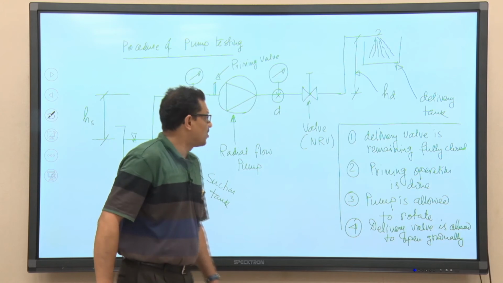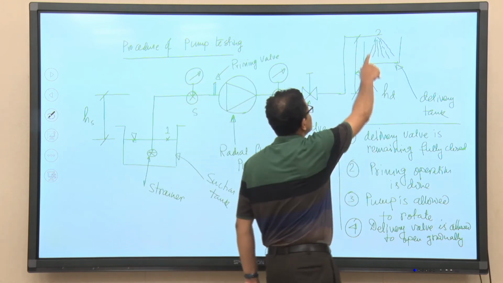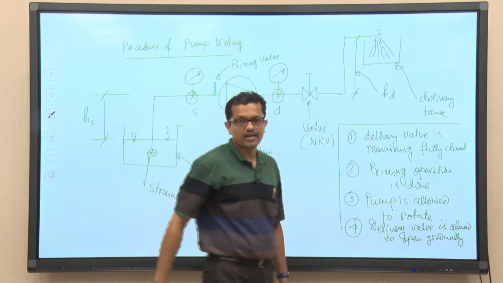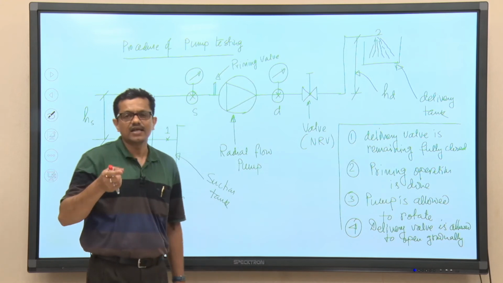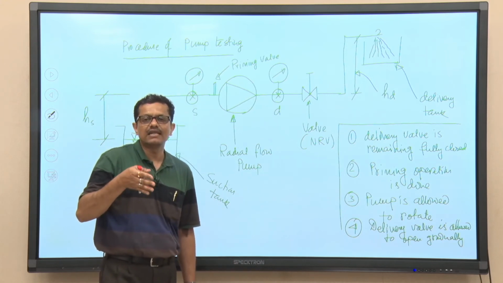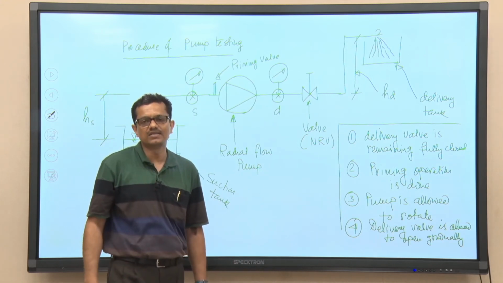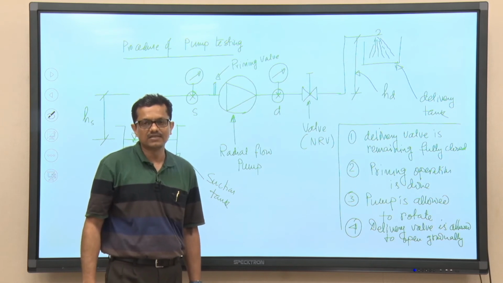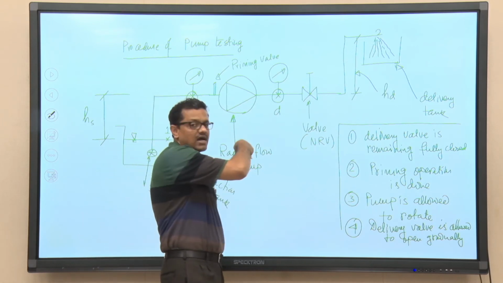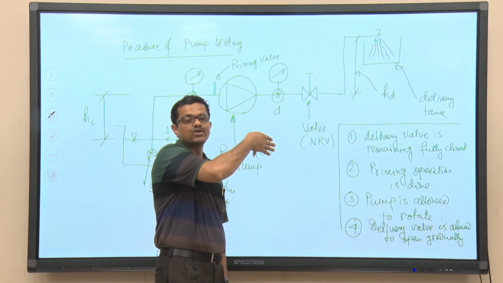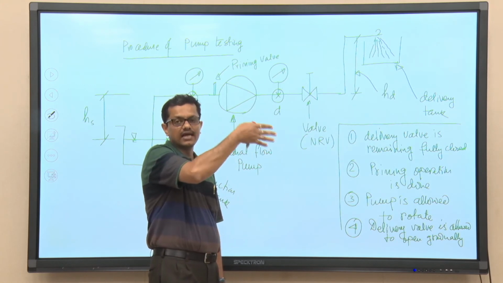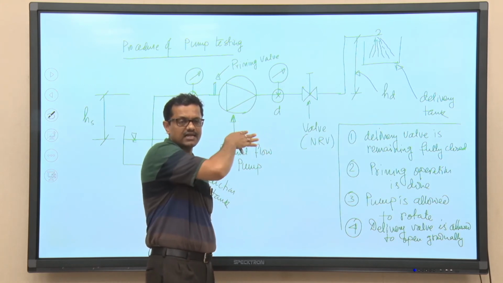So, if we allow the liquid discharged from the tube to pass through the V-notch weir, then by measuring the height and looking at the calibration chart, we can calculate the discharge, and that discharge should be measured. The pump should be allowed to run at different RPM, and we will measure the head being developed.